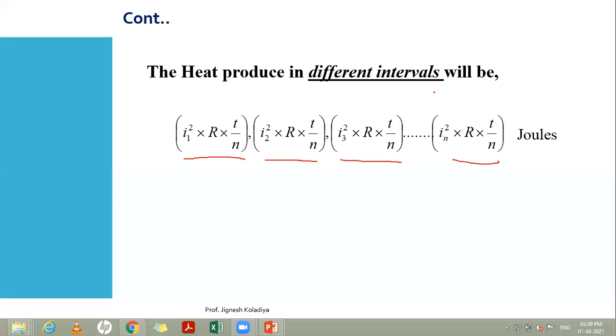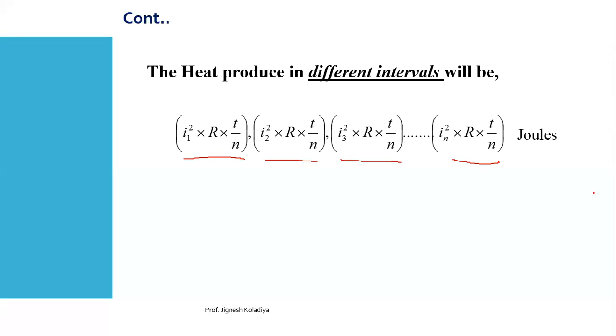So the total heat produced by all these intervals, because right now these are individual components: due to I1, due to I2, due to I3, due to I4 up to In.